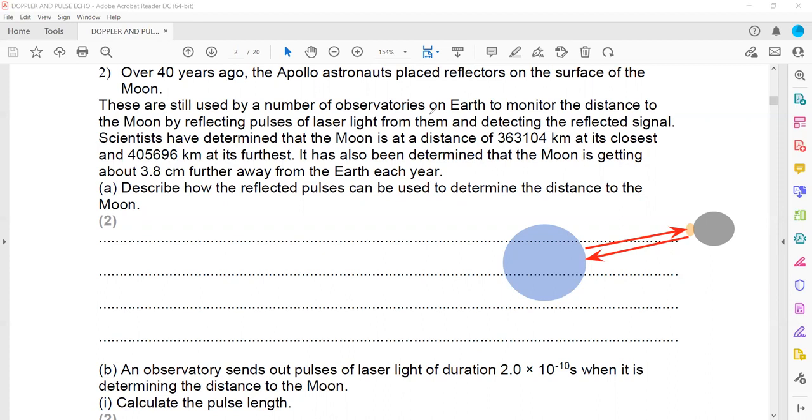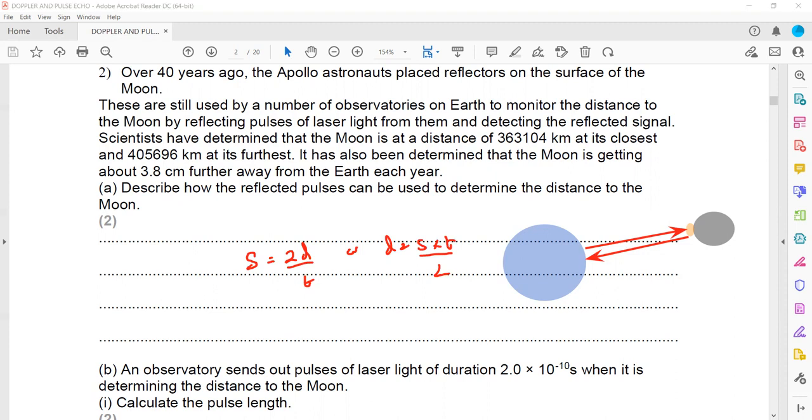Describe how the reflected pulse can be used to determine the distance to the moon. So we can use the formula: speed equals 2d divided by t, or we can say the distance equals speed multiplied by time, divided by 2, where s is the speed of the pulse, which is known and constant.